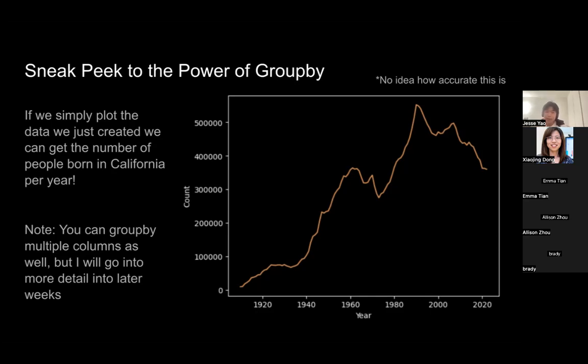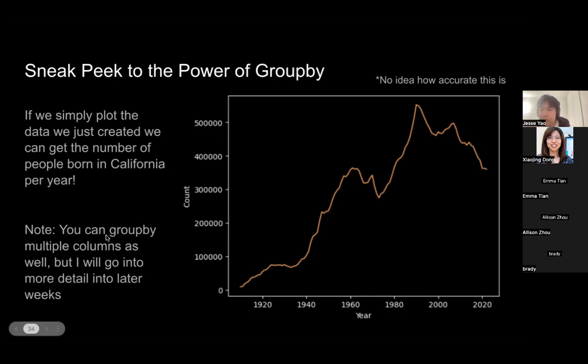Keep in mind, we discovered this with literally one group by function call. So I'm hoping this gives you a little insight on how powerful and essential group by is. Also, a quick note: you can group by multiple columns.